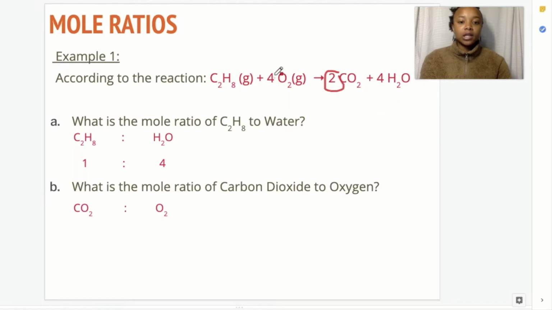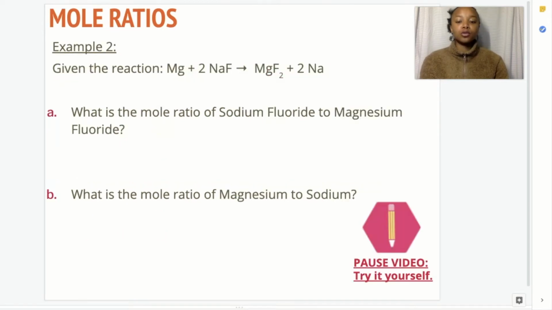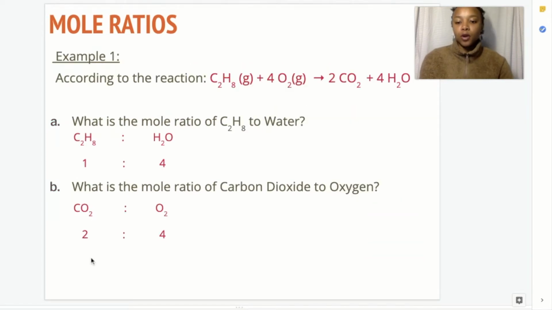And then we have 4 oxygens. I'm going to put that there. It is 2 to 4. But can we simplify that? I think so. Let's divide both sides by 2 so we get 1 to 2. Okay, let me just write it. So the answer is 1 to 2.